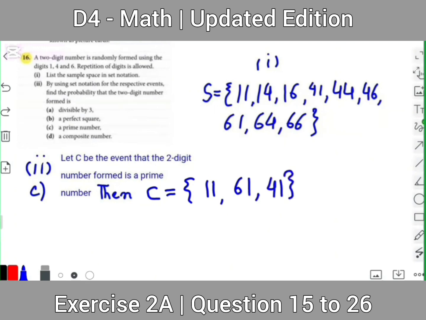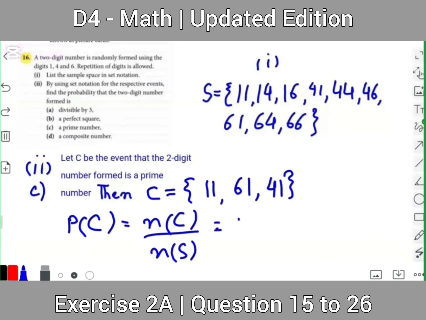The probability of event C can be obtained by using the formula n of C over n of S. The number of elements in the event C is 3, and the total number of elements in the sample space is 9. So 3 over 9 simplifies to 1 over 3. So the probability for the event C is equal to 1 over 3.